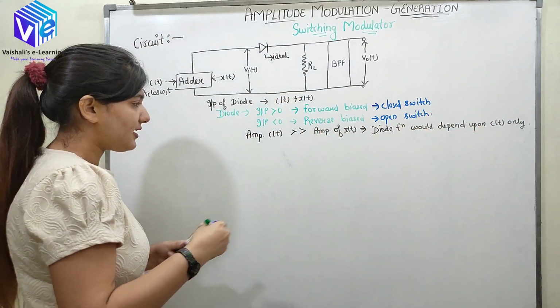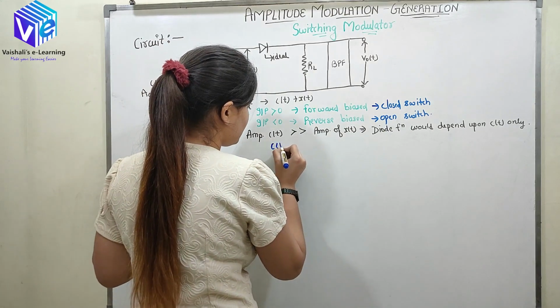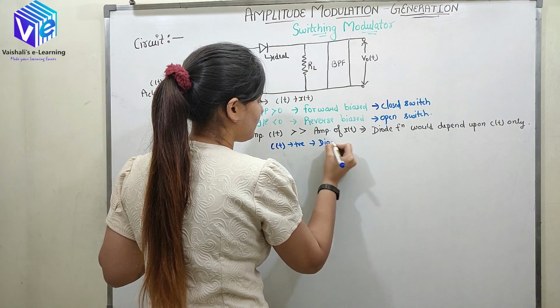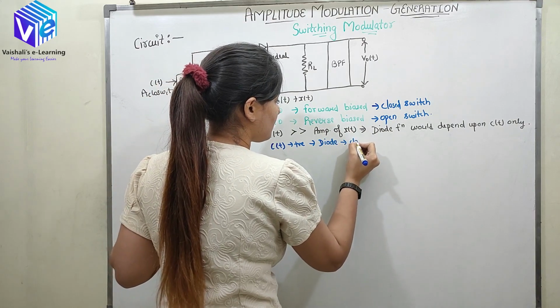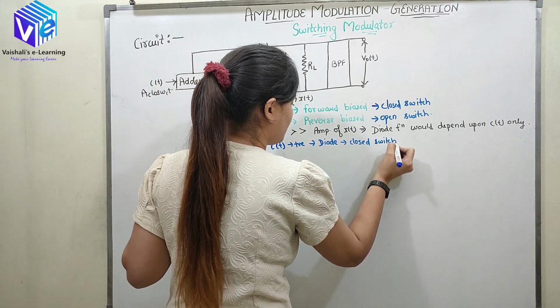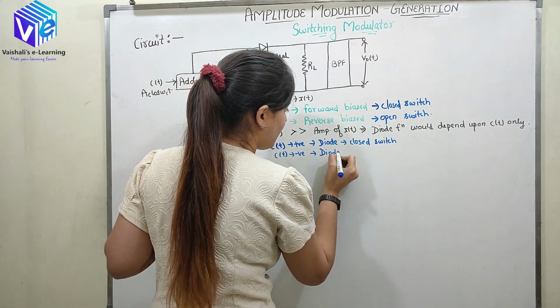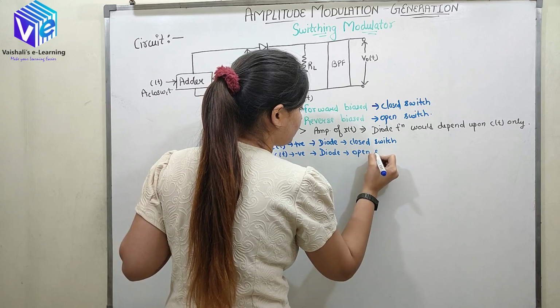So when c(t) is positive, the diode is a closed switch, and when c(t) is negative, the diode is an open switch.